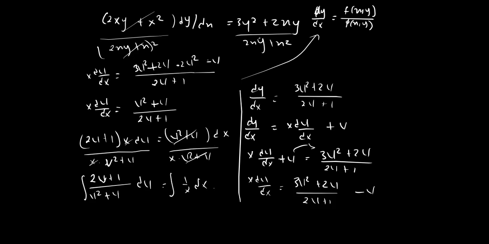So the entire idea of this particular method is that whenever you have x and y, two variables together, and you cannot separate them, you're going to apply this method. So you introduce a new variable for y, then after introducing the variable for y, you substitute that variable, and then you simplify it.